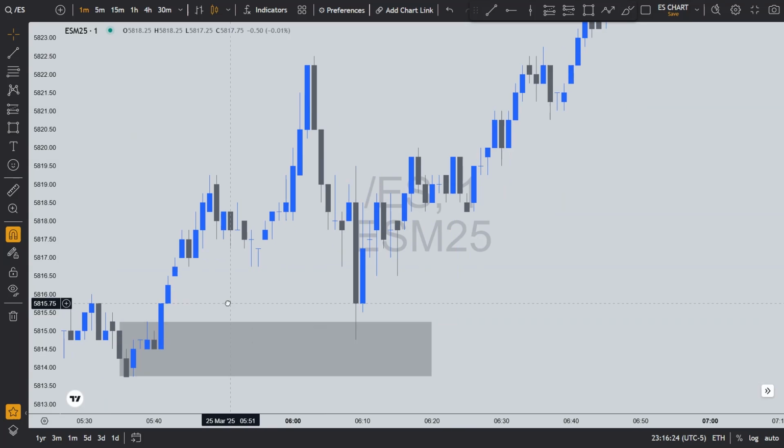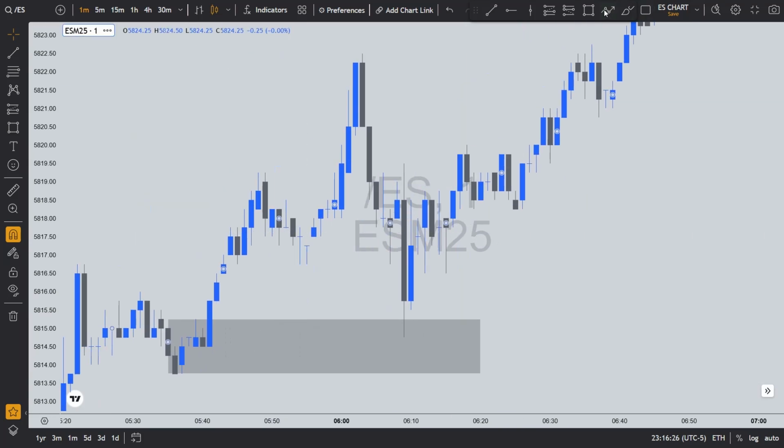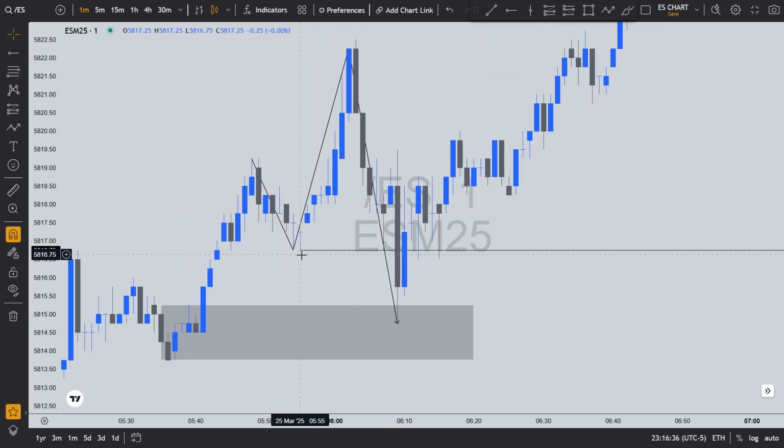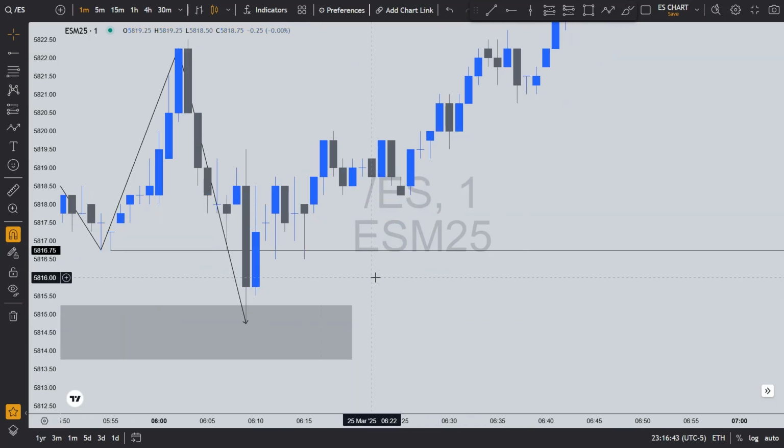And what I can see on the 1-minute is that price was like this, and it came and swept this 5-minute higher low. After it swept that 5-minute higher low, I got a break of the candle on the 1-minute.